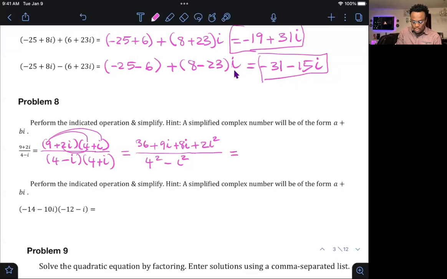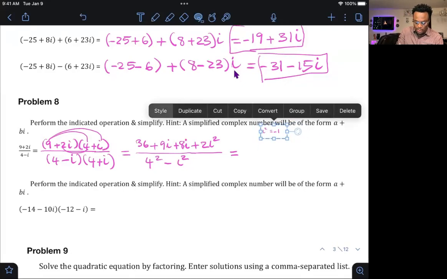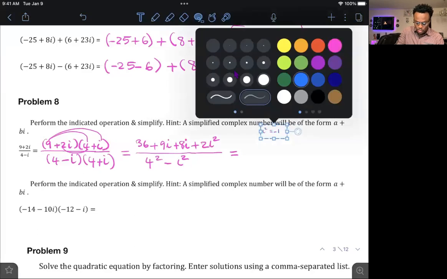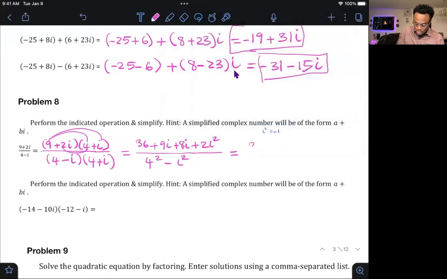Now we can go ahead and simplify. You should remember that i squared equals negative 1, so we will use this as we simplify. So that is 36 plus 17i minus 2, because when you put i squared, that's 2 times negative 1.